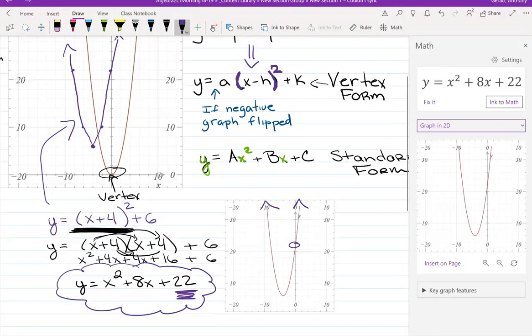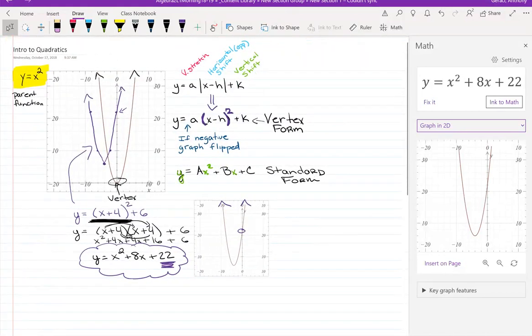So if these count by 2s, and this is 10, 12, 14, 16, 18, 20, 22. There's the y-intercept, and I have the same thing right there. So that is one part that you can find key information from this graph.